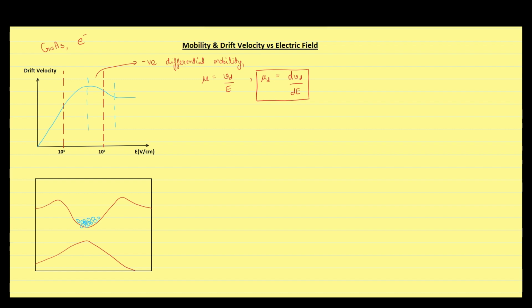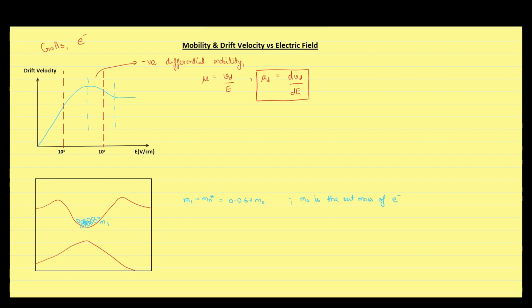So here the electrons have effective mass m1, where m1 is the effective mass of an electron, which is equal to approximately 0.067 m0. Usually effective mass is denoted in terms of m0, where m0 is the rest mass of an electron.